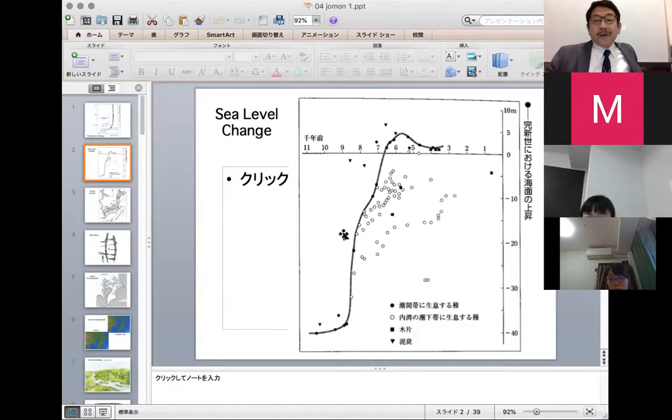Actually, what we know is that this is the peak of the temperature. This is sea level, but the same as the temperature diagram. And it's about 6,000 years ago. The peak has already passed 6 to 7,000 years ago. And this is the present, and we are going down.